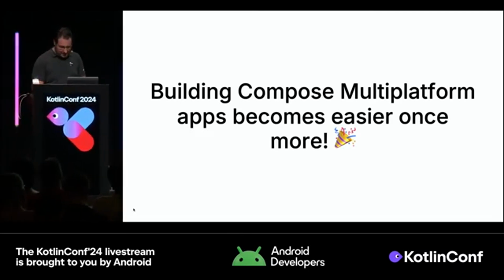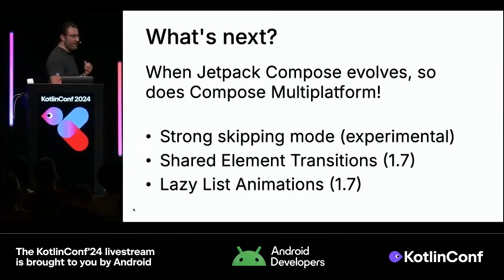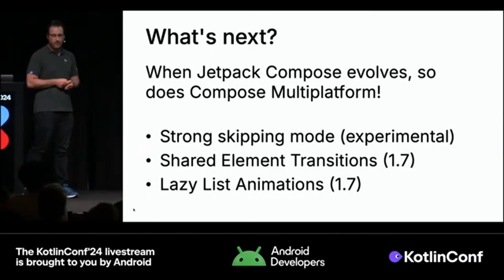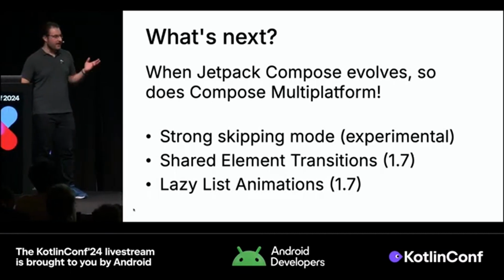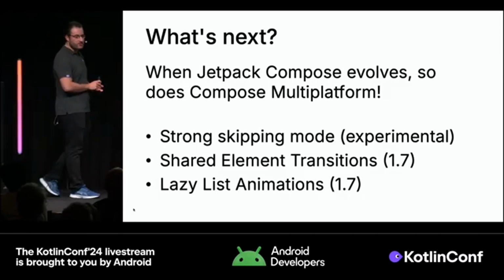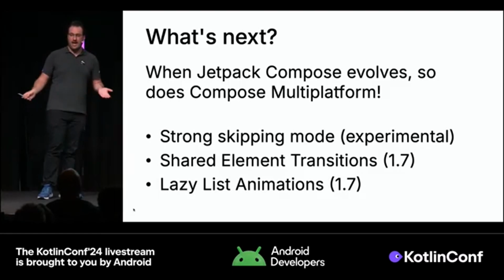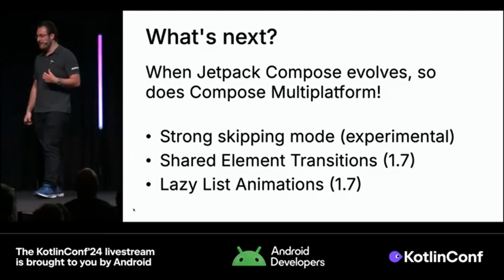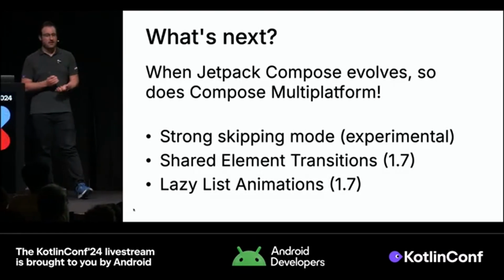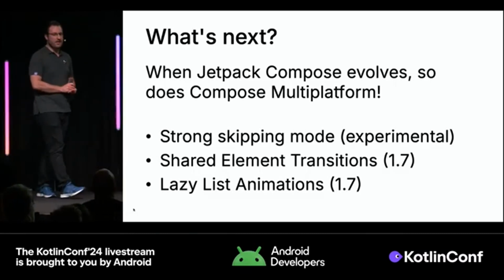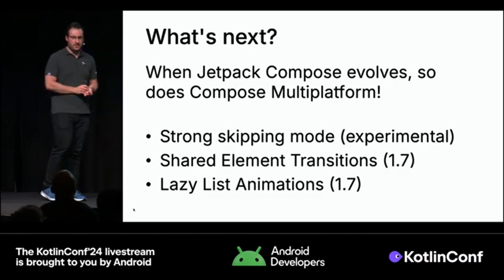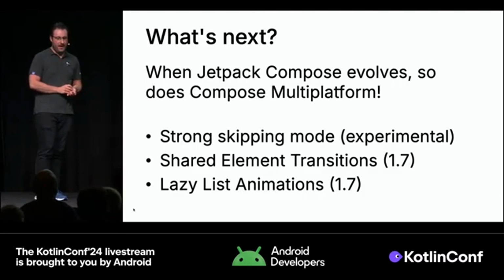It's also really exciting because, of course, Jetpack Compose itself keeps evolving, right? We've seen today in the keynote that they're introducing the new strong skipping mode, and you can already activate this as an experimental feature in Compose Multiplatform as well, and really cut down on some unnecessary recompositions in your multi-platform applications.